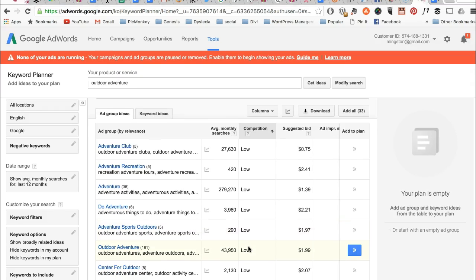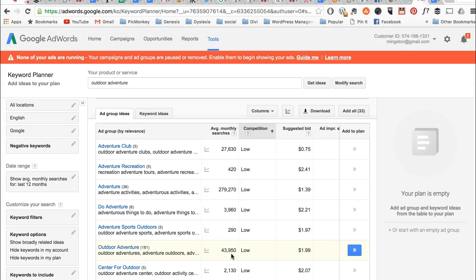The reason you want to do that is you want an accurate representation of how many people are searching for it, but also how many people are going to be fighting you for those words. Here it says outdoor adventure, but there's 181 different keyword phrases in there. So 181 divided by 43,000 doesn't leave you with a lot. So you need to really break stuff down.